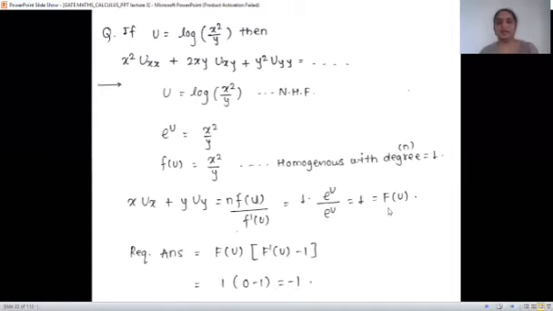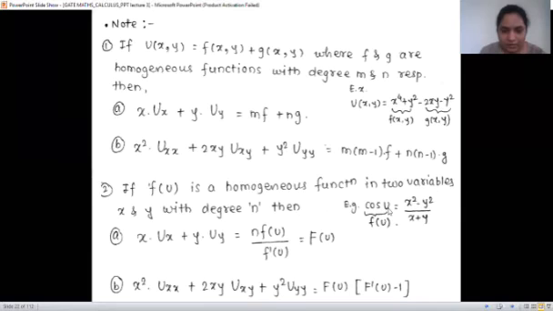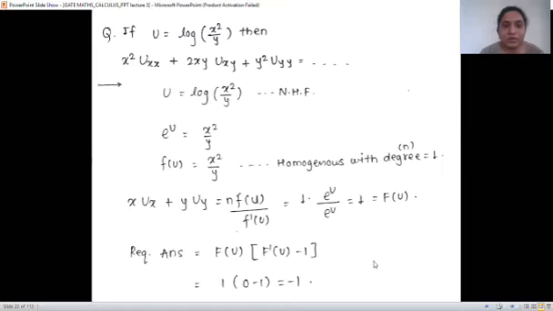Then next, by using that capital F of u value, x square u_xx plus and so on will be capital F of u into F dash of u minus 1. So the required answer is F of u into F dash of u minus 1, that is 1 into F dash of u. What is F dash of u?